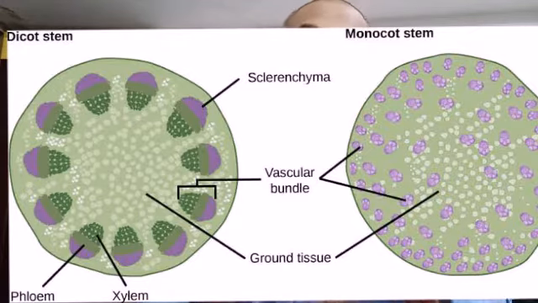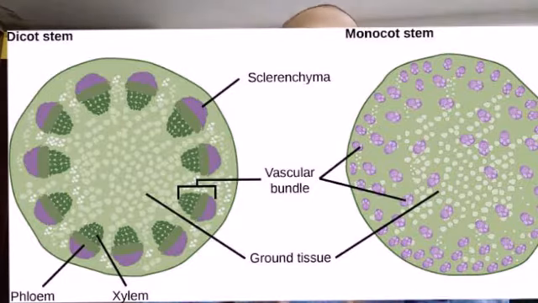After that, plants have pipe-like structures called vascular tissues. Now remember two words, xylem and phloem. Always remember these: vascular tissue, xylem and phloem.